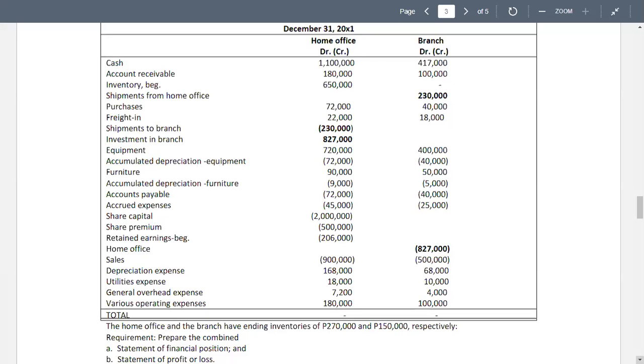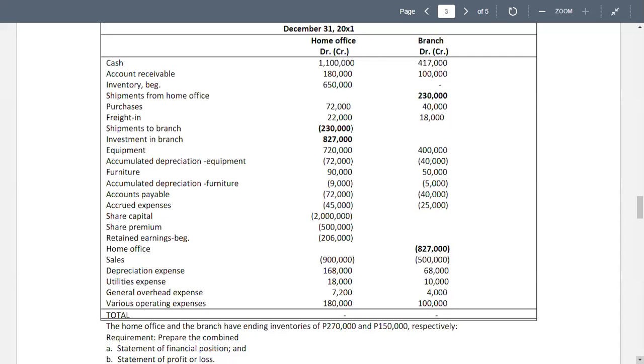So in line with shipments from home office, you are going to extend under the elimination column 230,000 by a credit. So now you have the elimination column already filled up with 4 amounts. And of course, you do not need a total there because it's 0.